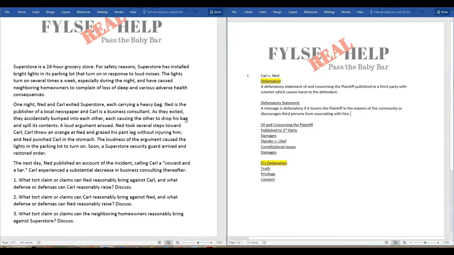So this is where we're going to want to have our discussion, where Ned published an account of the incident calling Carl a coward and a liar.